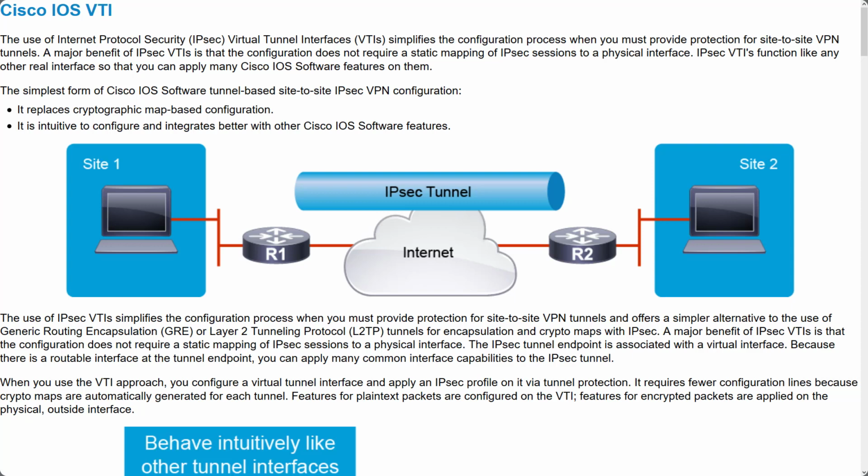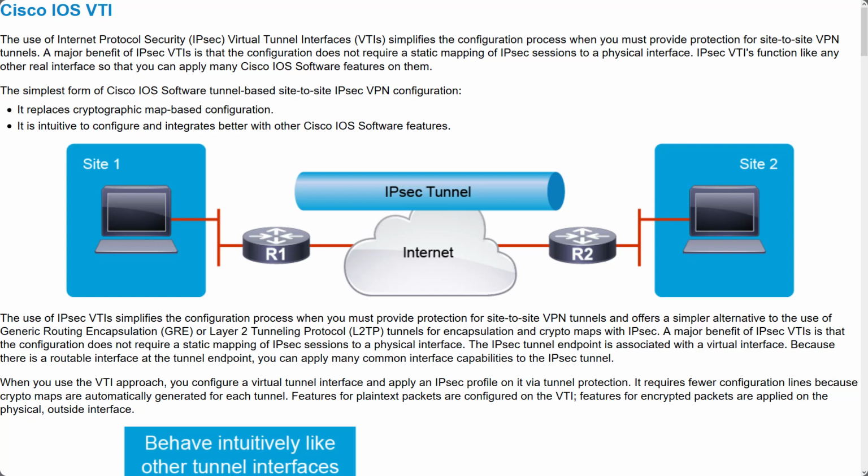All right. The use of an IPsec VTI simplifies the configuration process when you need to provide protection for remote access or provide similar kind of simpler alternative protections to using things like GRE or L2TP.